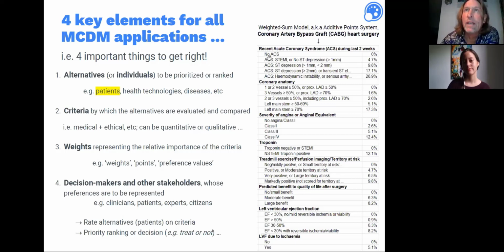Of course, at the other end, the lowest level of performance in terms of rating for each of these criteria, you can see the bottom thing, no ACS, 1 or 2 vessel, no angina, so on and so forth. The corresponding weights for those levels are 0. The sum of all the zeros, of course, is 0. So this means each patient can be scored between 0, which would give them the lowest priority, up to 100, give them the highest priority.